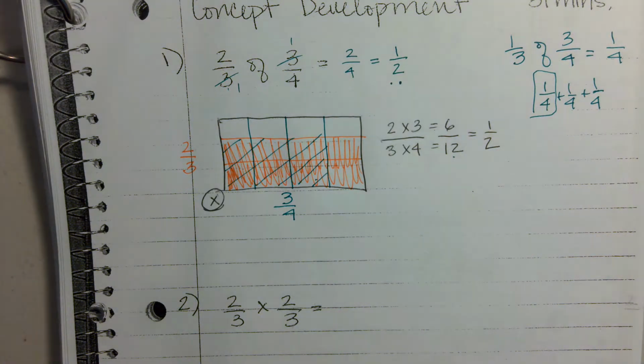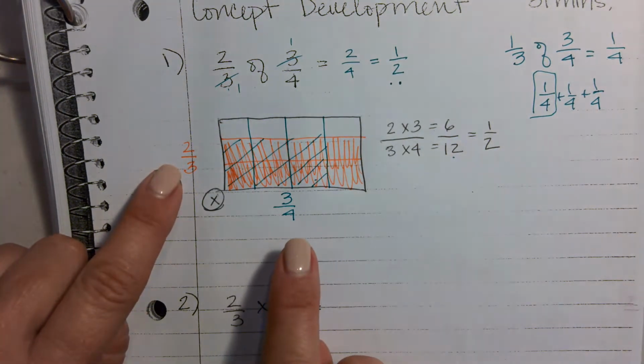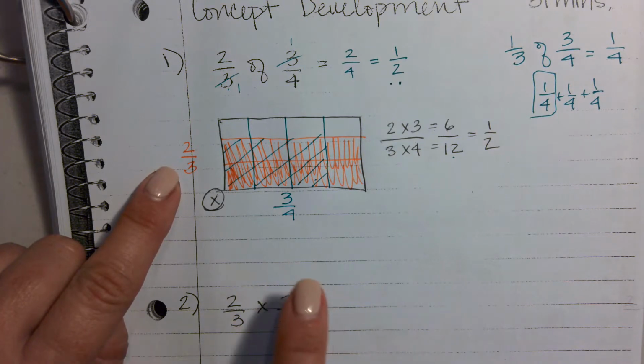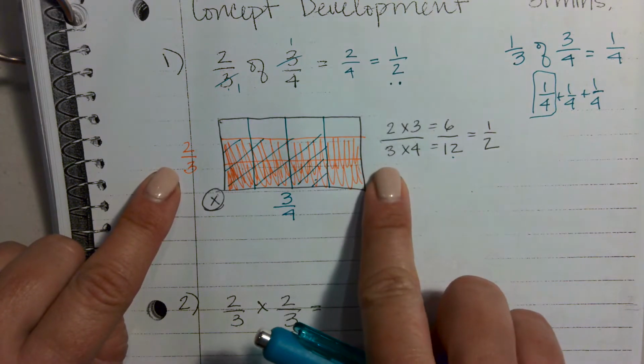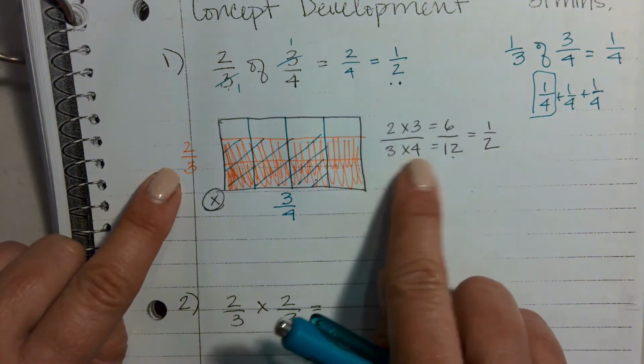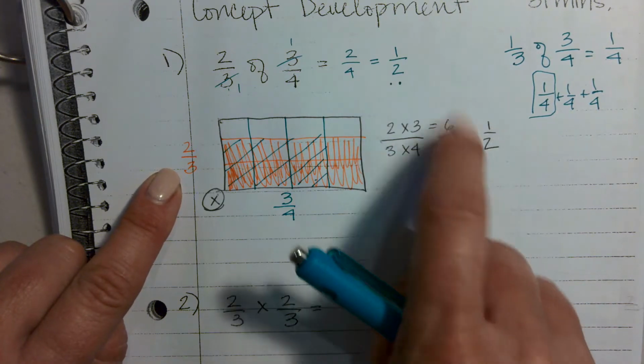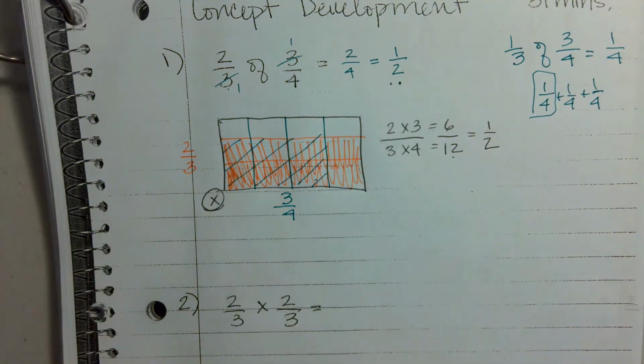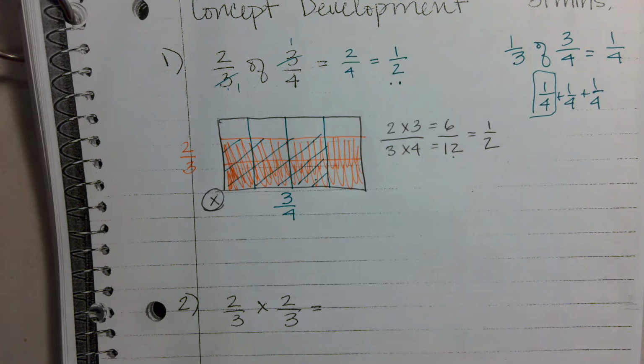All right, so here's 2/3, and we shaded, and 3/4, and we shaded, and we multiplied. 2 times 3 is 6, 3 times 4 is 12, which is equal to 1/2. Does that come back up and match what we did up here? So yes, they do match.